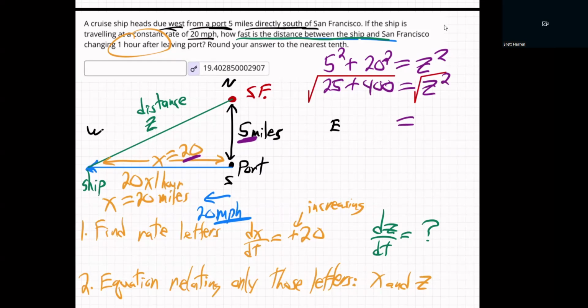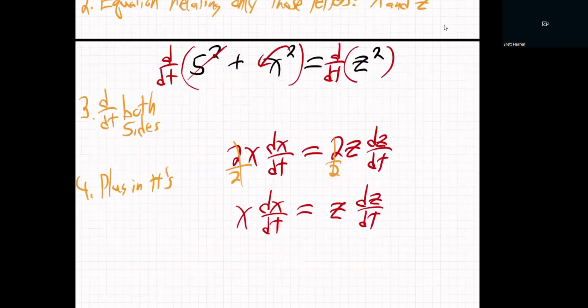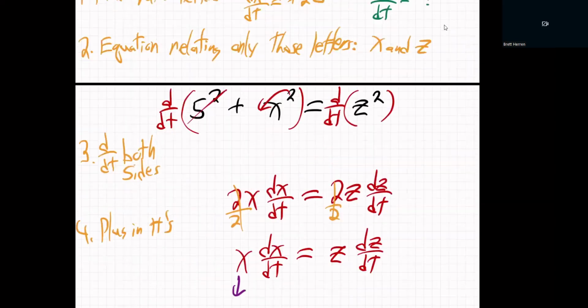So then z will equal the square root of 425. The distance apart from San Francisco at that moment is the square root of 425.